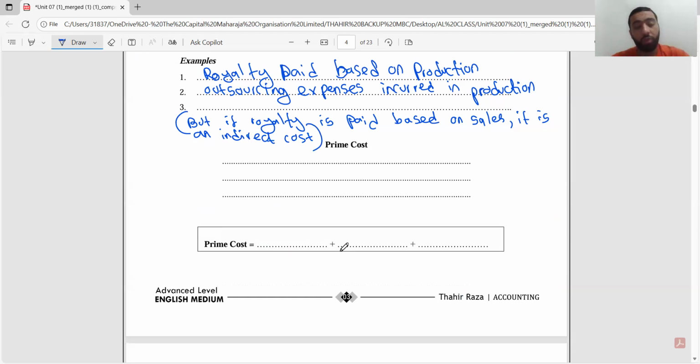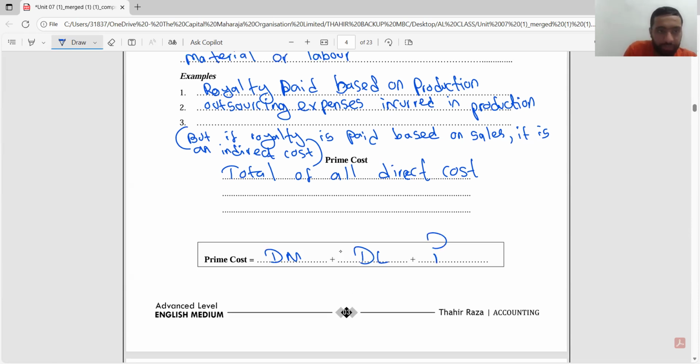Okay. So let's move on. Prime cost means total of all direct costs. Prime cost means direct material, direct labor, and direct other.